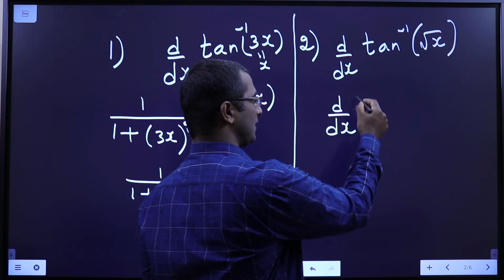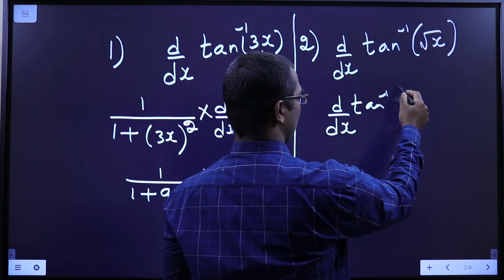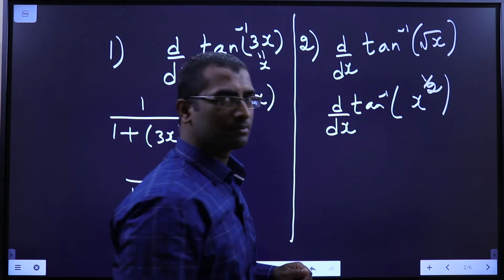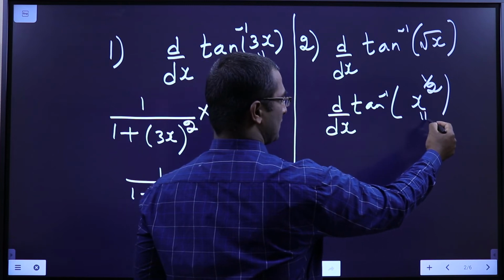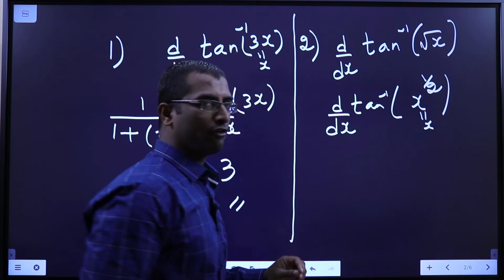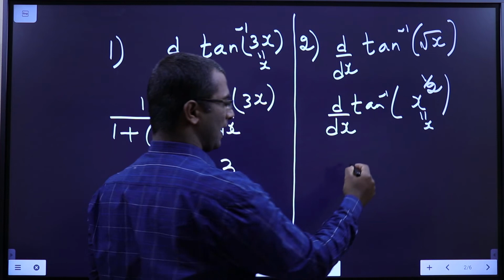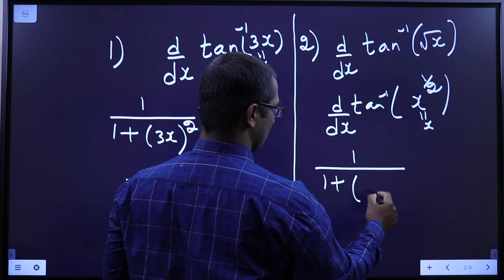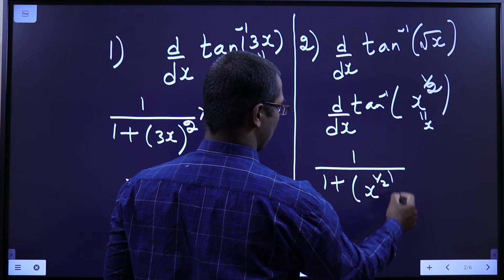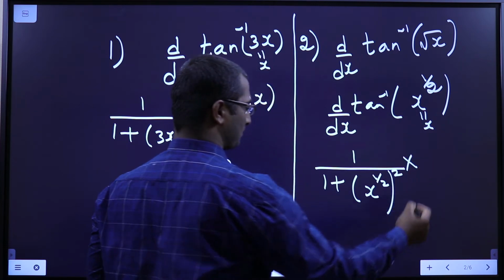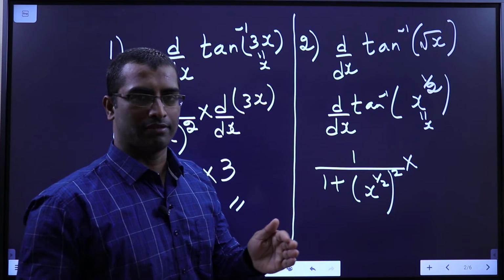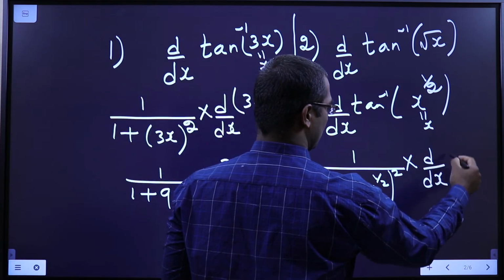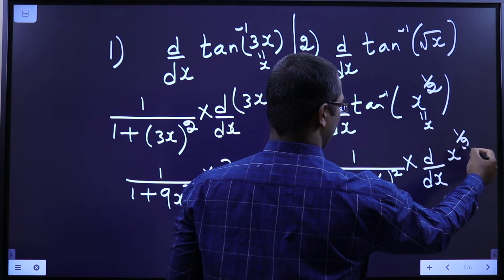Next, if I want to differentiate tan inverse root x, I am changing root x first into x power half. Now this entire thing is x, so it is of the form tan inverse x. The answer is 1 by 1 plus x power half whole square into, in place of x you have something, so at the end multiply by that derivative, d by dx of x power half.